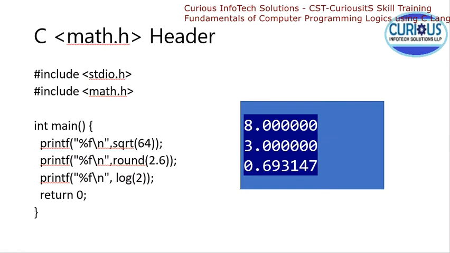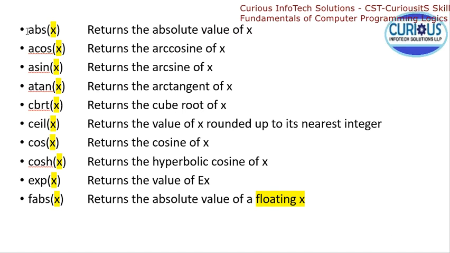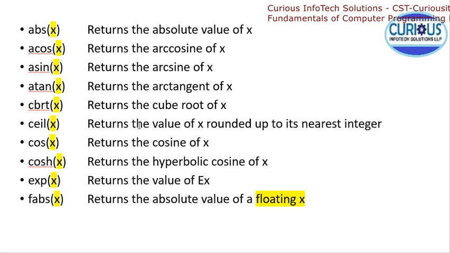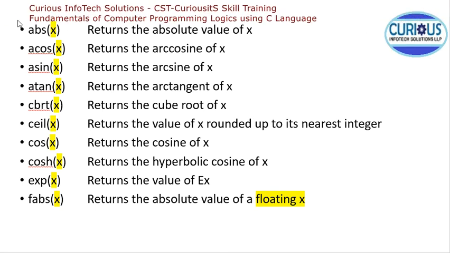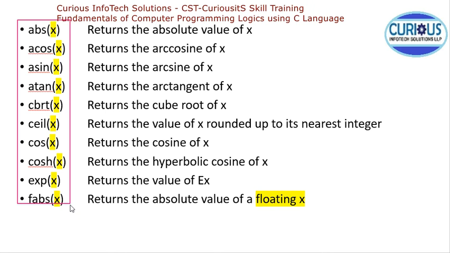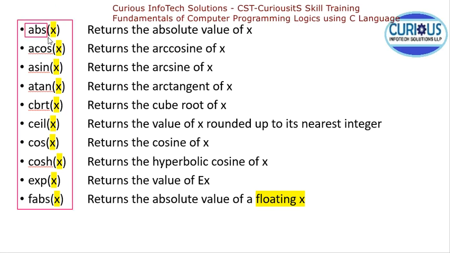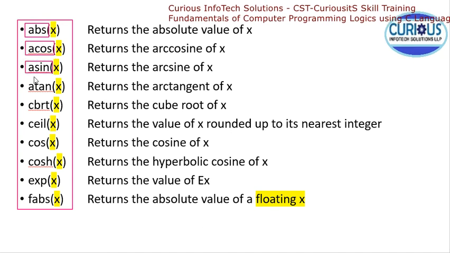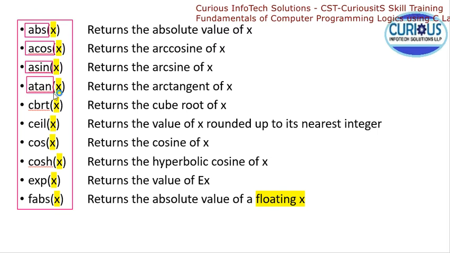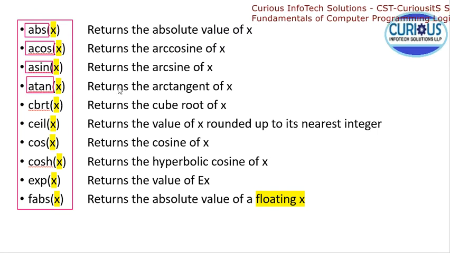Okay, now come to the other important logarithm, these inbuilt functions of math.h. These are the inbuilt functions available in it. Anytime you can use all of these. First is absolute value, then acos, asin, atan. This all, basically arc, is the trigonometric functions. Then you can find the cube root.